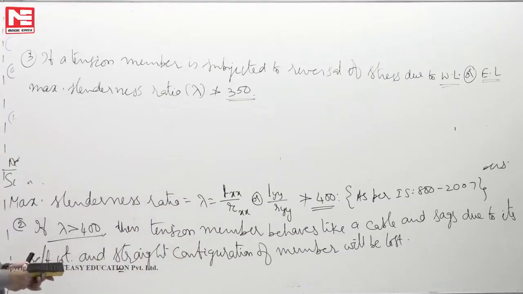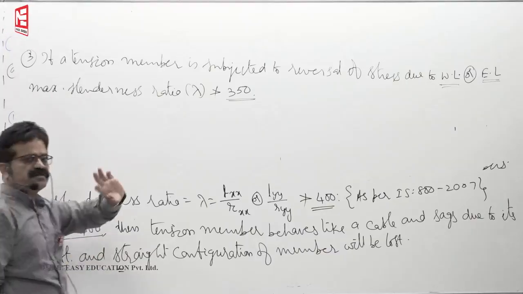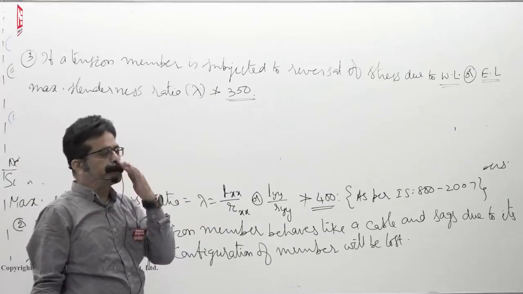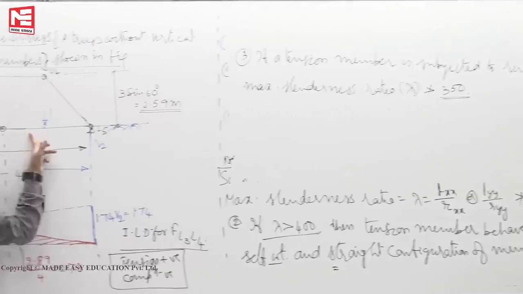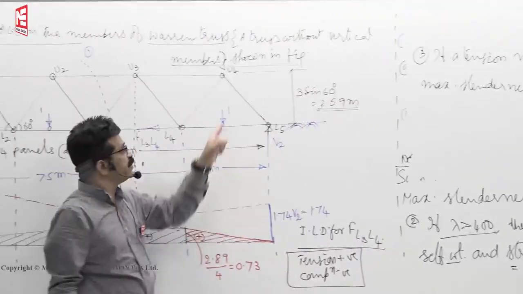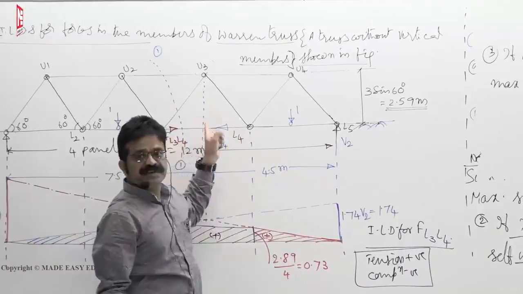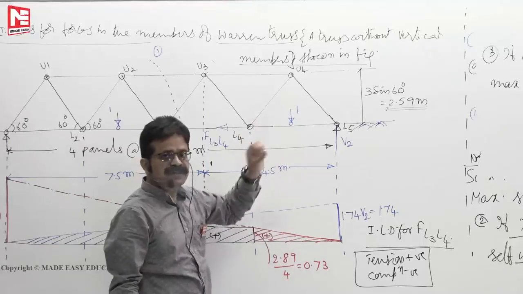Again, in the design of steel structures, we write all these points, but we will write them at one location. Now you see, these members can be subjected to reversal of stress due to wind load or earthquake load only. But some members are subjected to reversal of stresses due to live load.